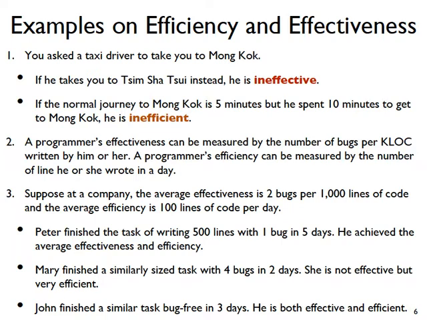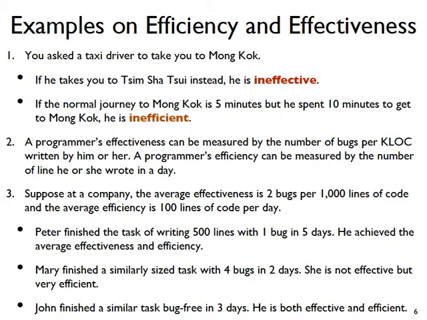Okay, so use this as an example. If you ask a friend to drive you to Mongkok, and your friend has a car and drives you there, if he can only drive you to Tsim Sha Tsui, then he is ineffective, because Tsim Sha Tsui is not really your destination, okay?